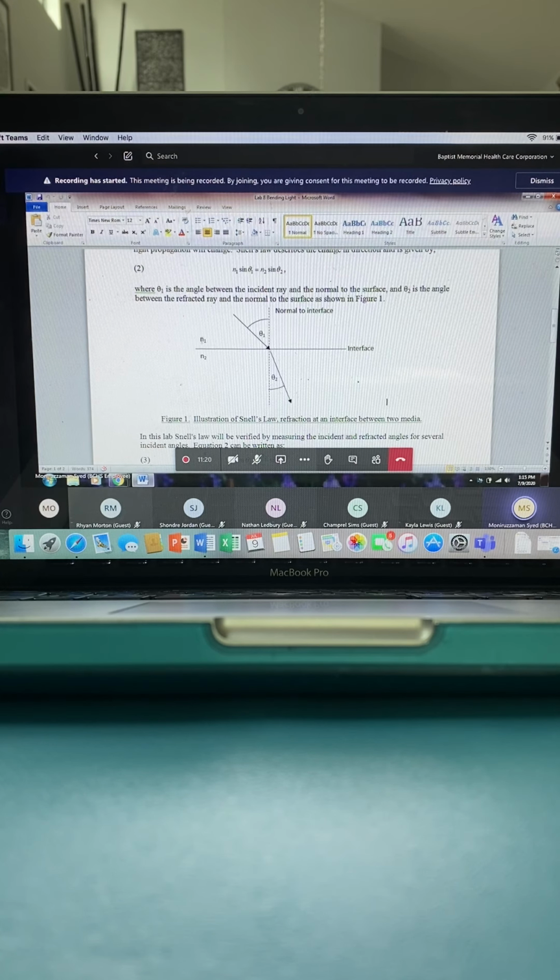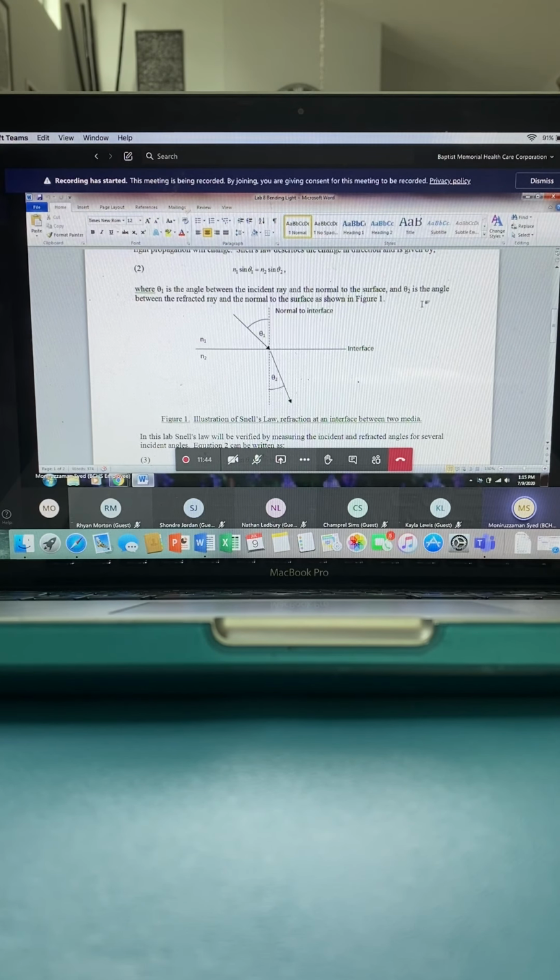And when you have two mediums, you have to have an interface, which is the boundary. When two mediums connect to each other, a boundary or interface is created, okay?